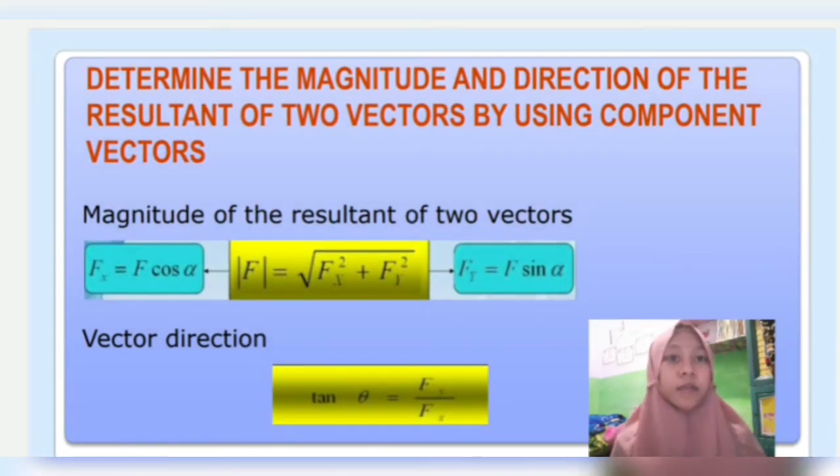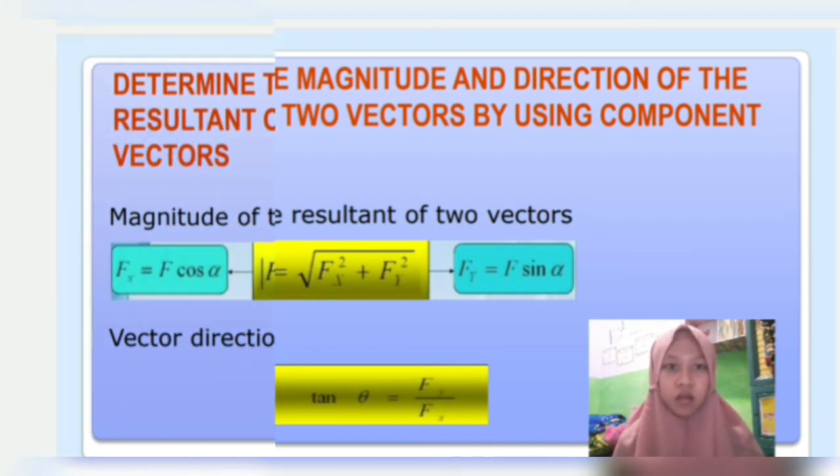While determining the magnitude and direction of the resultant of two vectors by using component vectors, the formula for the magnitude of the resultant of two vectors is as follows.